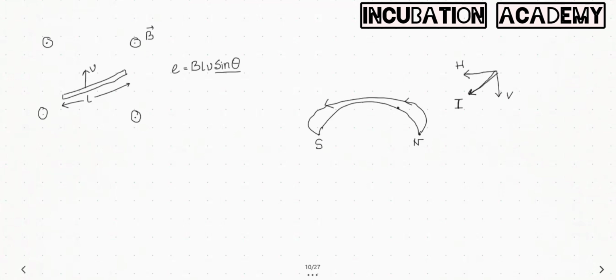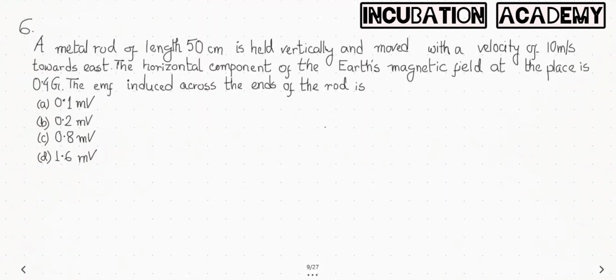And here in this question, the rod is held vertically like this, and it is moved from west to east. If I say this is the east, this is my west, then this is the north and this is the south direction.